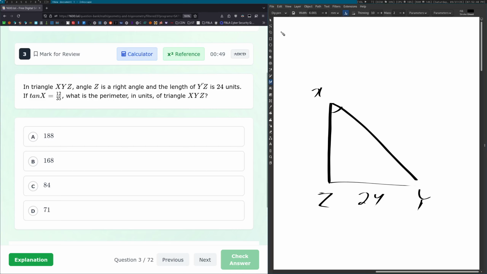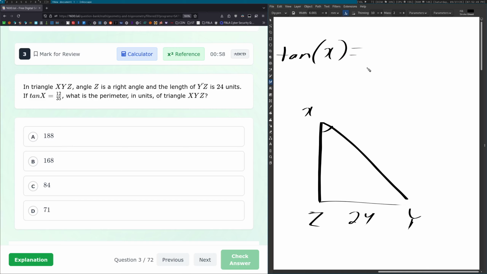So do we remember what tangent is equal to in terms of triangles? Opposite over adjacent, yes, that is correct. And in this figure, it's going to be equal to 24 over, I'm going to call this, what's a cool letter?